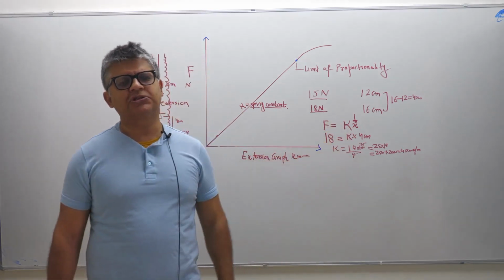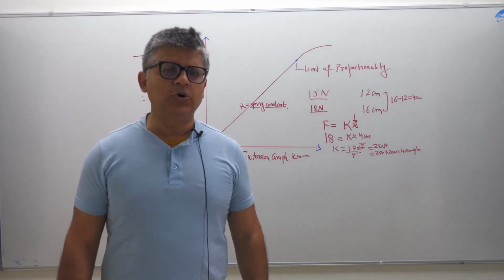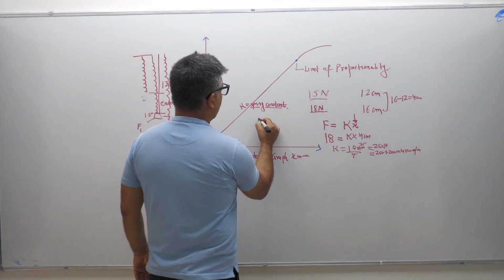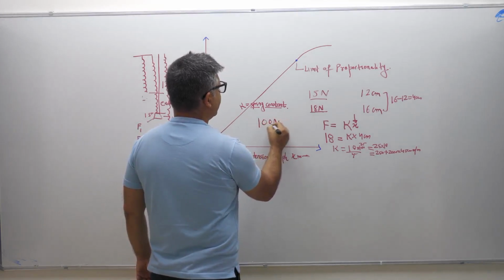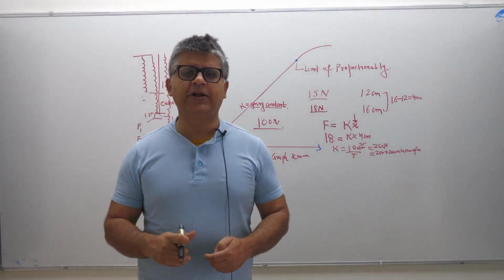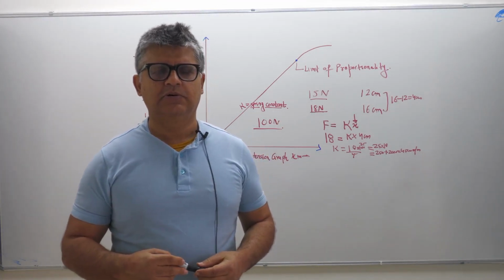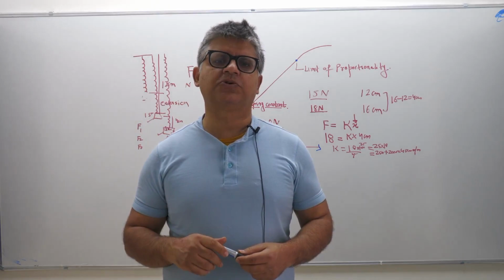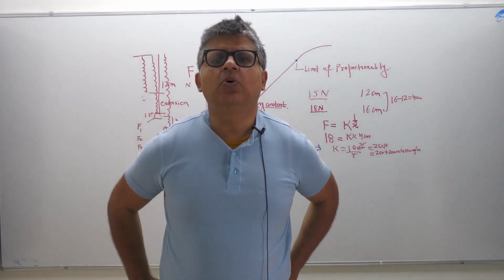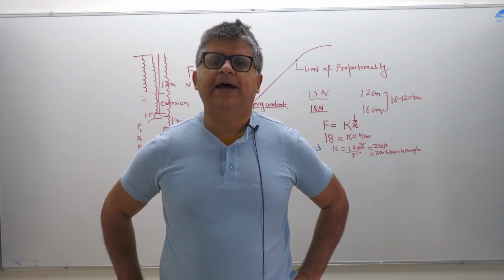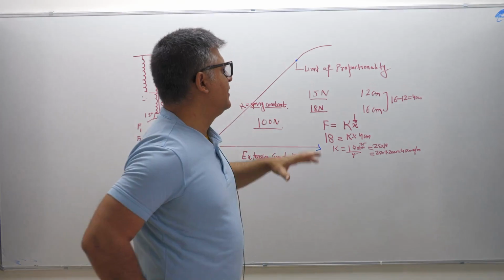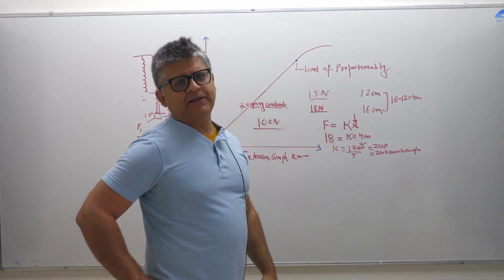But here is a question now. Now you increase the force to 100 newtons, right? What happens if you increase the force to 100 newtons? That's the tricky part of this question. Okay, why do I call it tricky? Because I know that any spring which is given to me has a limit of proportionality.